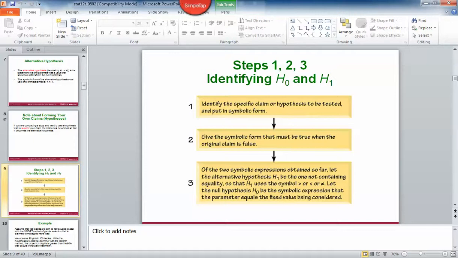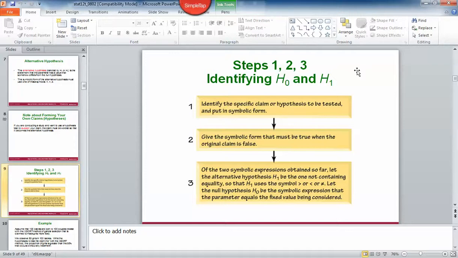So here are some steps that you could follow to identify H sub 0 and H sub 1, your null and alternate hypothesis. The first thing that you do is you identify the claim. Now, whenever you're given a claim, you want to write down the claim and use either equal to, greater than or equal to, less than or equal to, greater than, or less than. Use those symbols to write down the claim.